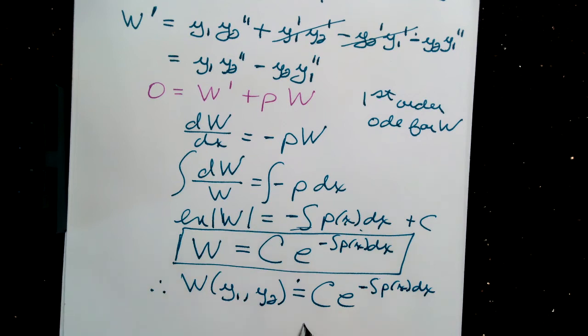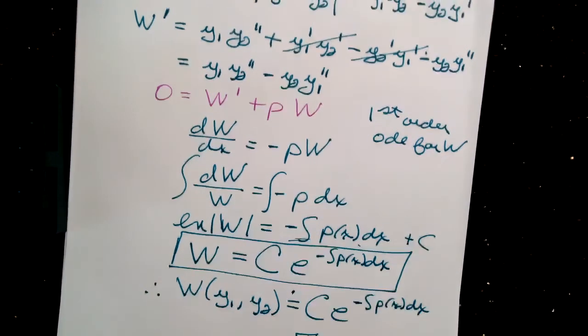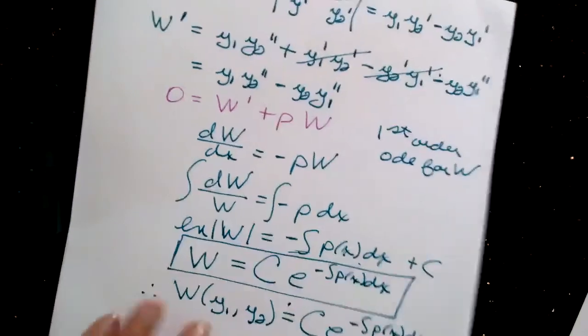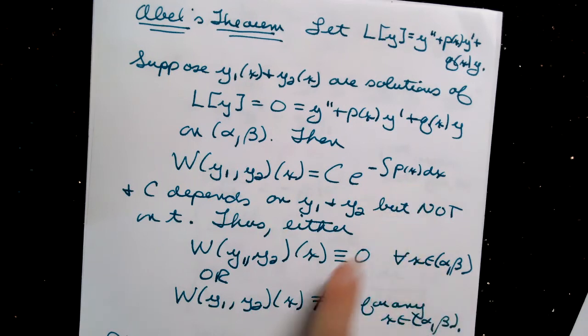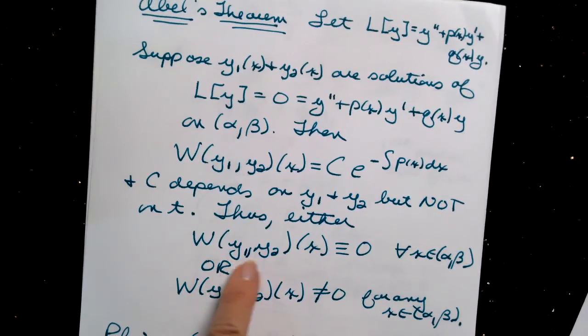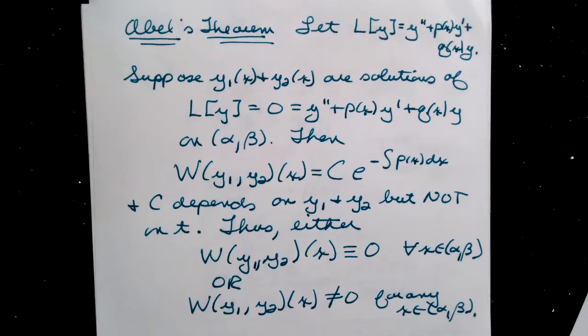Okay, so that's it for showing the Wronskian satisfies this exponential formula. And let me get back to our theorem. So that shows us that the Wronskian satisfies this exponential formula, and therefore either the Wronskian is never 0 or it's always 0, depending upon whether the constant c is 0 or not. So that's a beautiful theorem that goes way back to Abel, and we'll see how it's used in a bit.